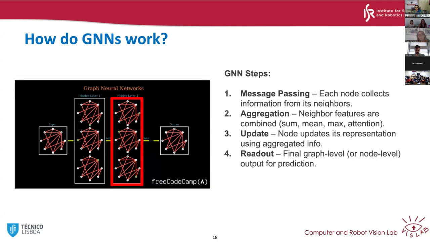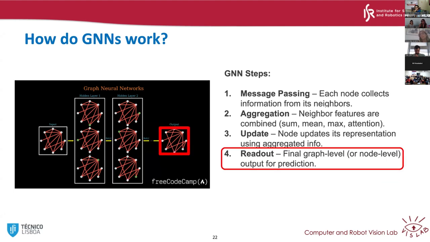In the second layer, basically, we update the information based on the neighbors 2 hops away. So we update the information of this node, and this node based on the neighbor information. Then we have a final graph level representation that we use to predict.